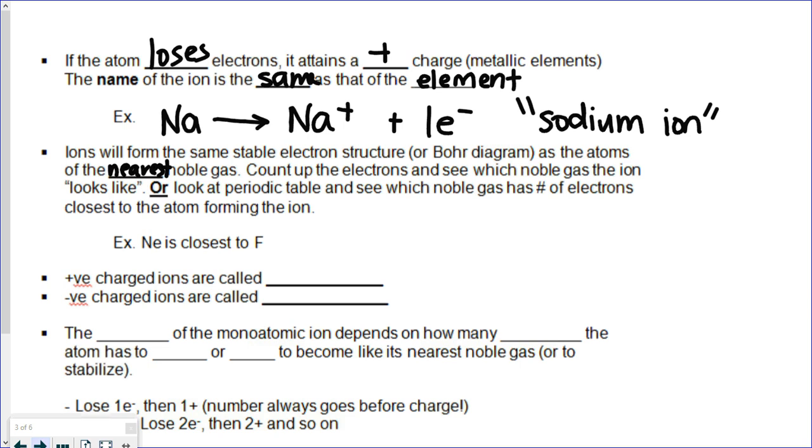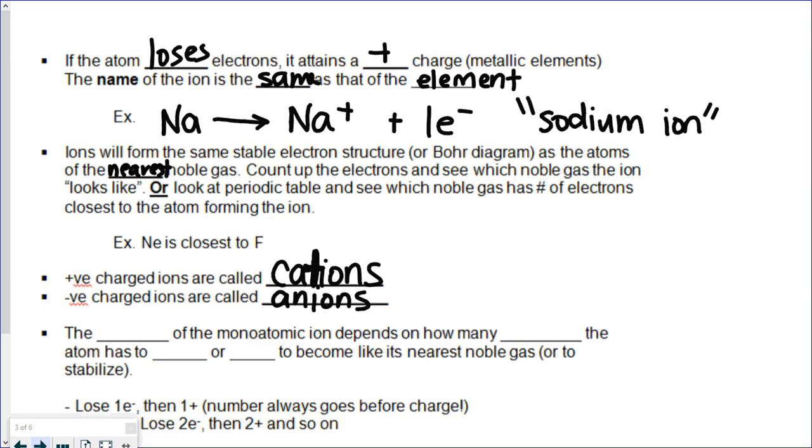So positively charged ions, if we're talking about your metallic elements, you see sodium or iron or silver, those all form positive charges, or positive ions. Those are called cations. Negatively charged ions are called anions. I always think, if we look at cat, there's a big plus in there.